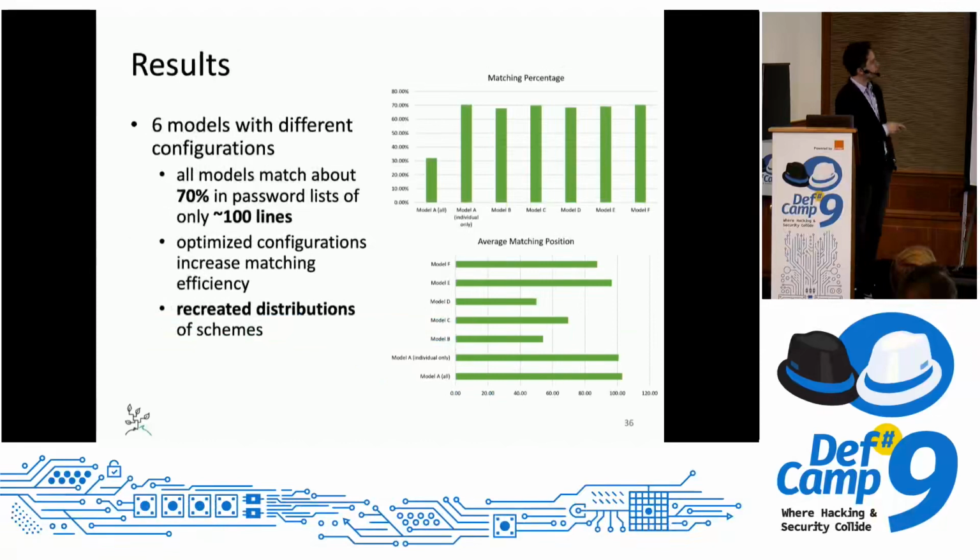So never mind this one, that's actually just a reference set, but these are different models that I've trained with different configurations, and all of them were able to match around 70% of the passwords, where the rest of the 30% were the random passwords, which would be approximated. So in this case, in order to match more than 70%, you would have to just generate a longer password list.